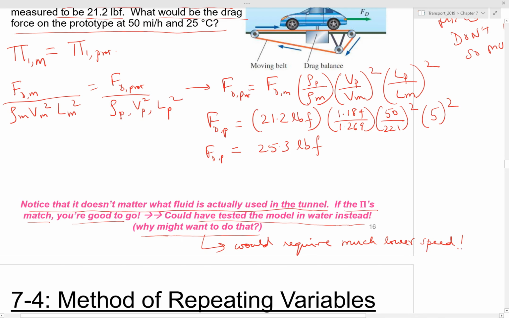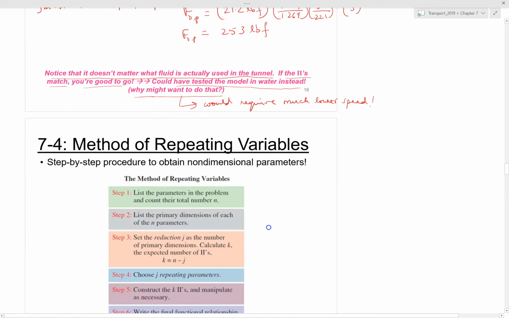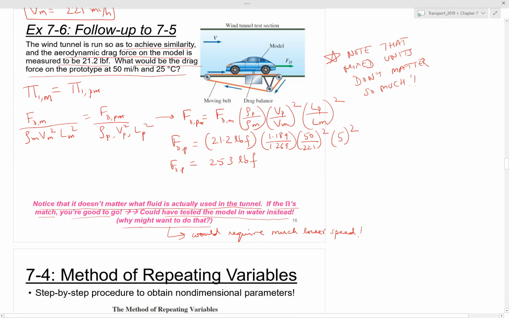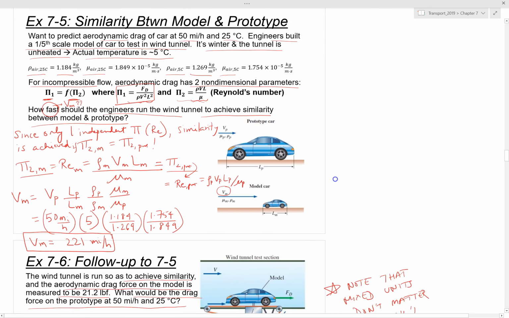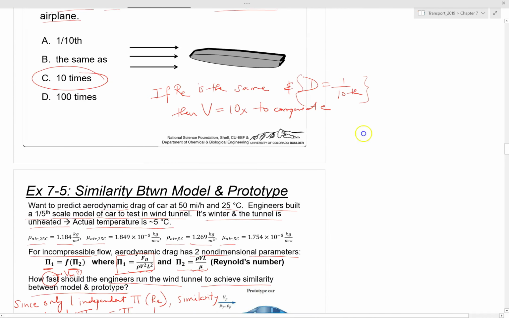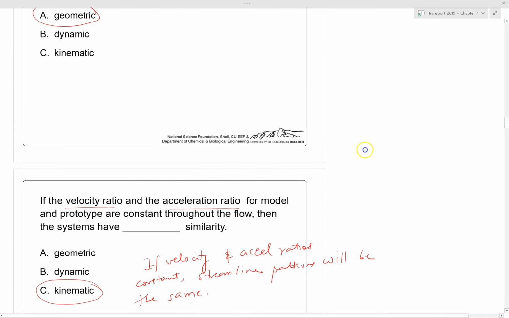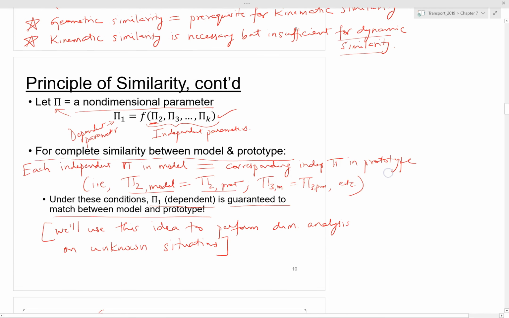Okay, so this I would call a good stopping point. Next class we will finish this chapter. So this chapter is, as we have seen, all about finding out the non-dimensionalized form of an analytical expression.